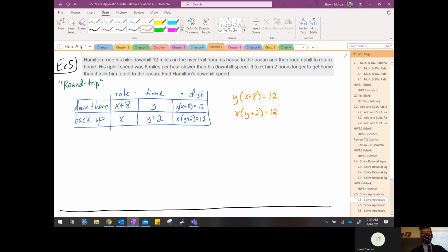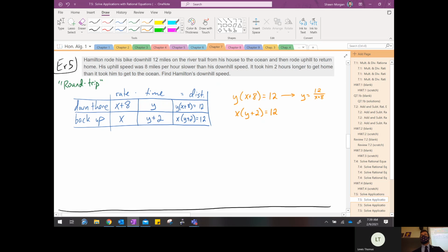So for example, what I could do, and I'm going to zoom back out now, is take this first equation and solve for y. y equals what? 12 divided by x plus 8.